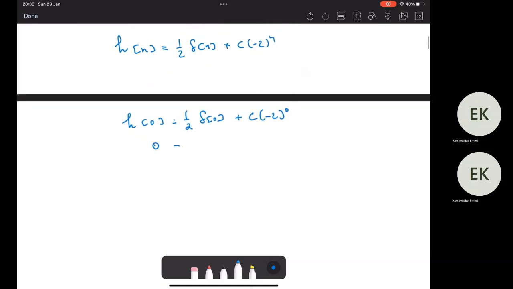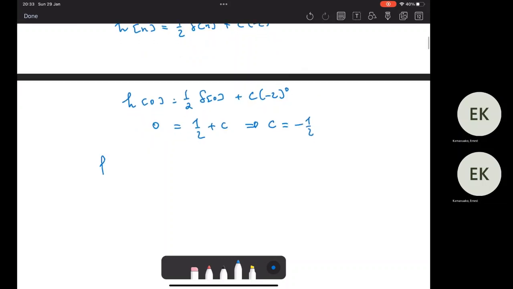We know this is 0, equal to 1/2 plus C, and this gives C equal to minus 1/2, and therefore our impulse response is equal to 1/2 delta[n] minus 1/2 (-2)^n, and this is causal.